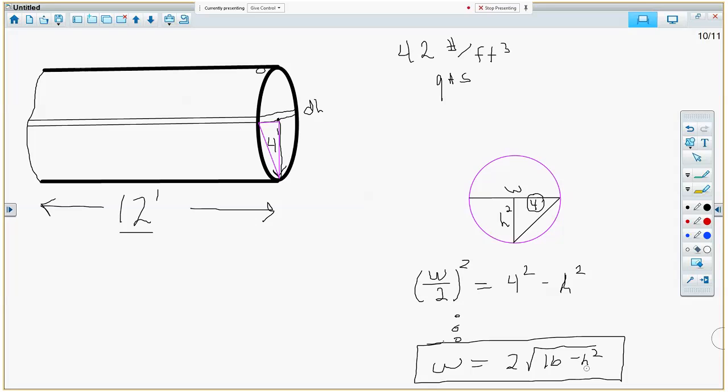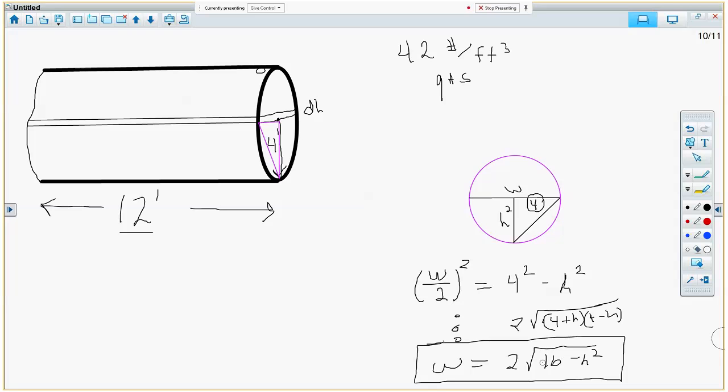This is 4 plus H, 4 minus H. Remember shortcut number 3? You can't forget those shortcuts. You're thinking of taking 4, no, this right here is 2 times the square root of 4 plus H times 4 minus H, right there. So you got to be careful there.